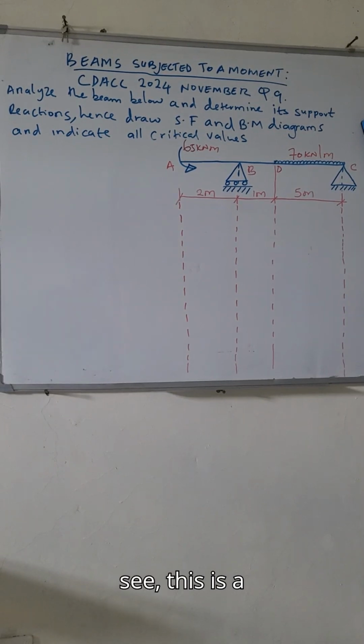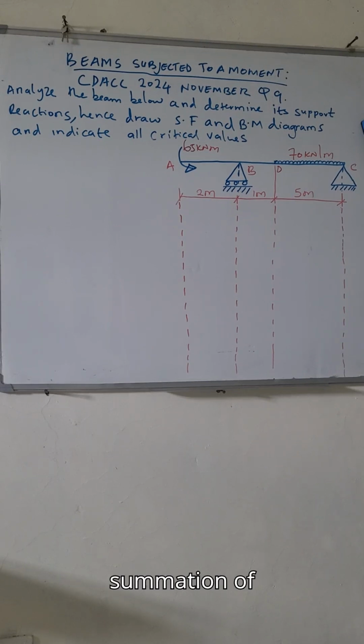As you can see, this is a statically determinate beam. So we will use the 3 equations of equilibrium. Number 1, the summation of moment about a point is equal to 0. Number 2, the summation of horizontal forces should give you 0.